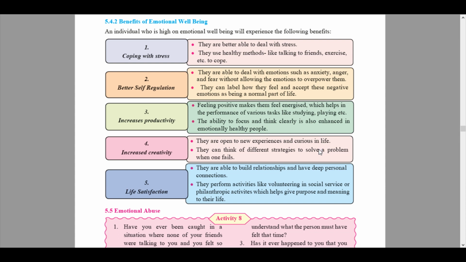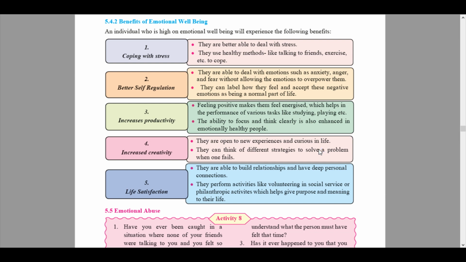So, better self-regulation, not much to explain, but this is an important aspect as well. Increased productivity. Feeling positive makes them feel energized, which helps in the performance of various tasks like studying, playing, etc. The ability to focus and think clearly is also enhanced in emotionally healthy people.